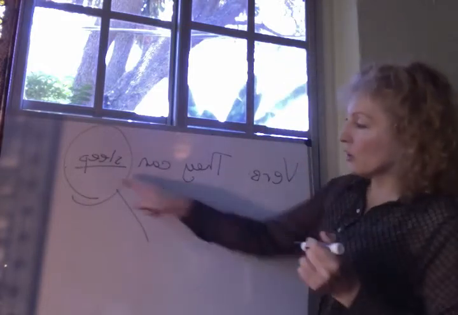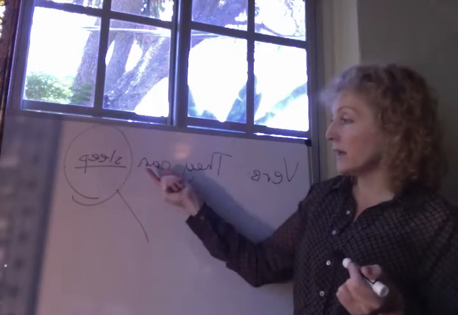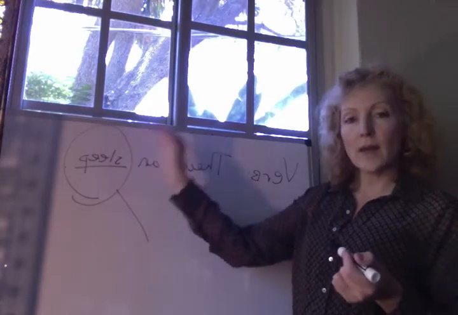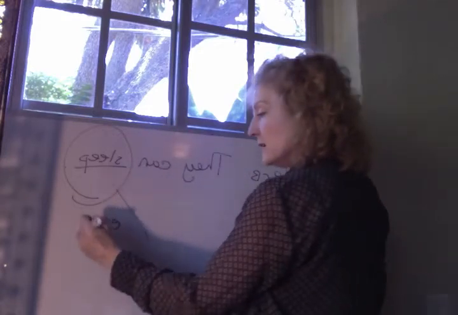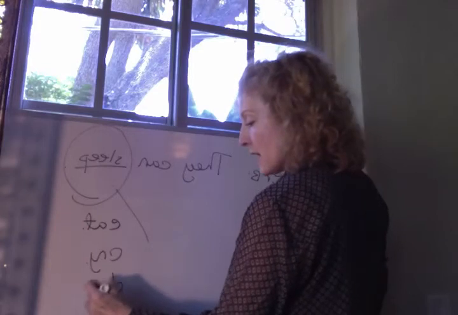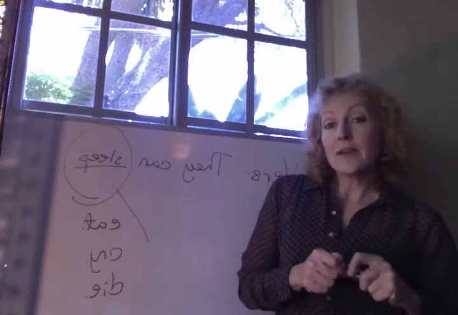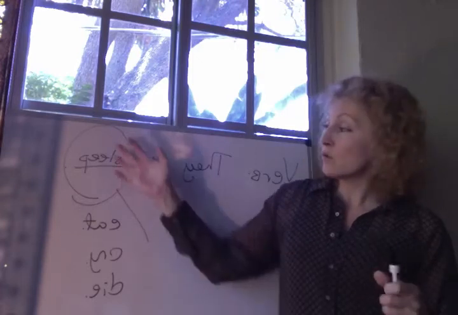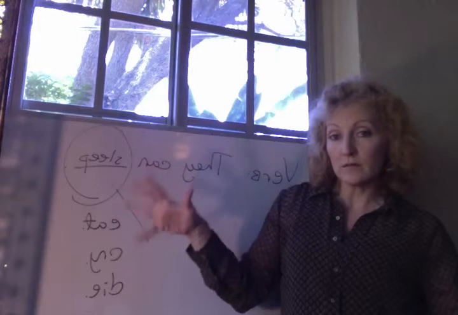Anything that can occur in the position following "can" in this sentence, "they can blank," that must be a verb. So they can sleep, they can eat, they can cry, they can die, right? You could go on and on and on, thinking of many different examples of words that could fit into that position. All of those are going to be verbs.